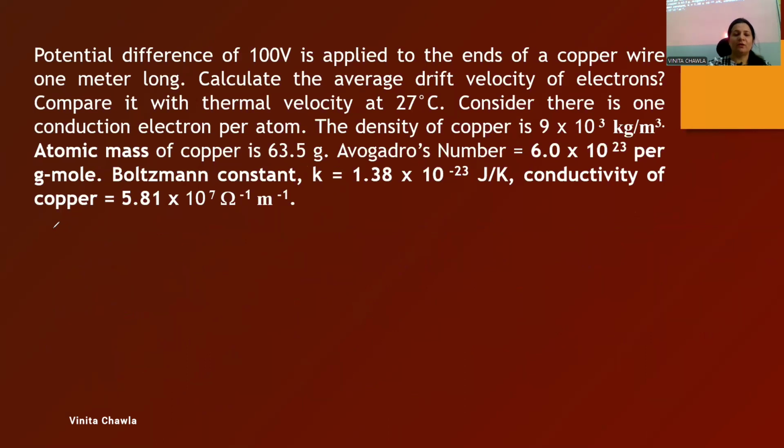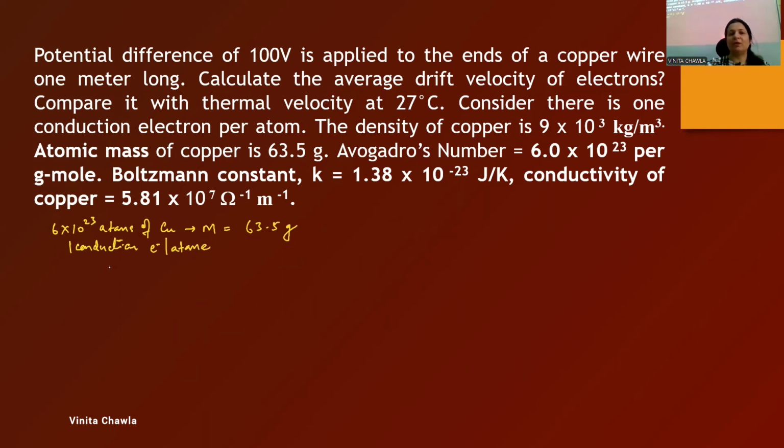If we have 6 into 10 raised to the power 23 atoms of copper, उसका मास कितना होगा? 63.5 grams. And here we are saying we have one conduction electron per atom. ठीक है?